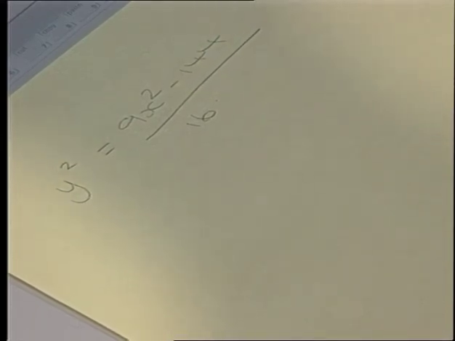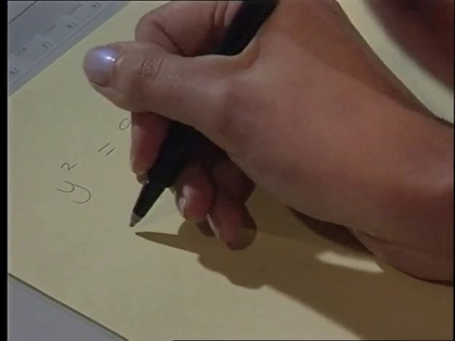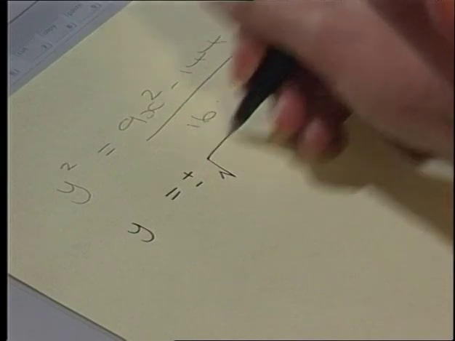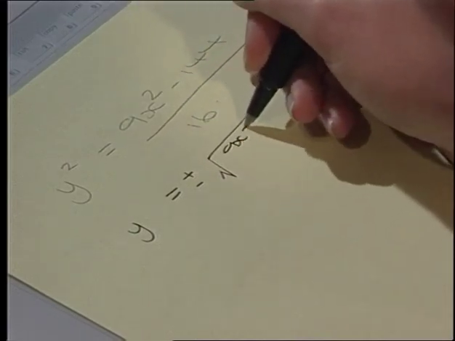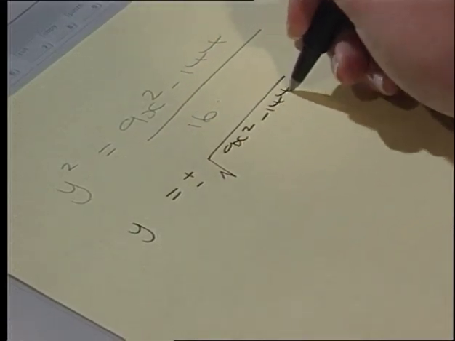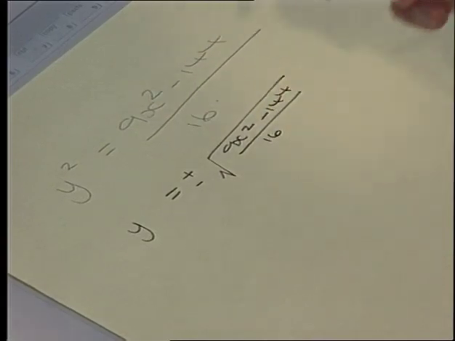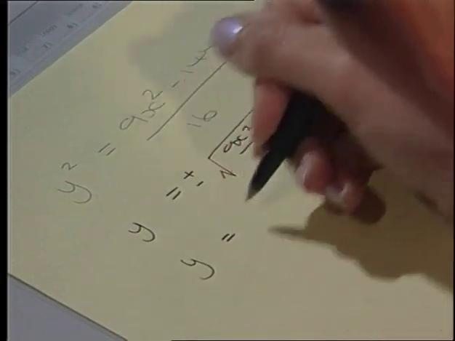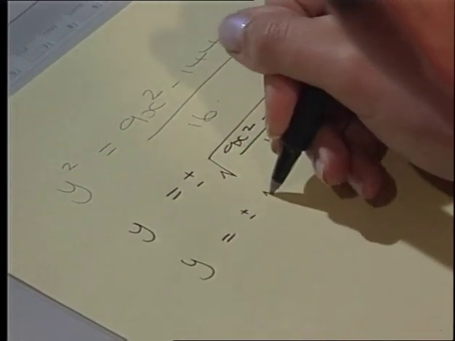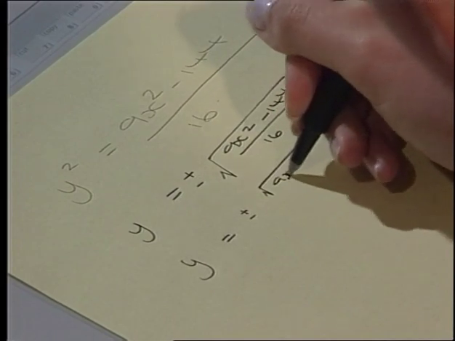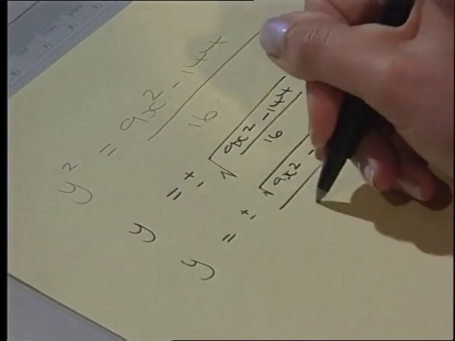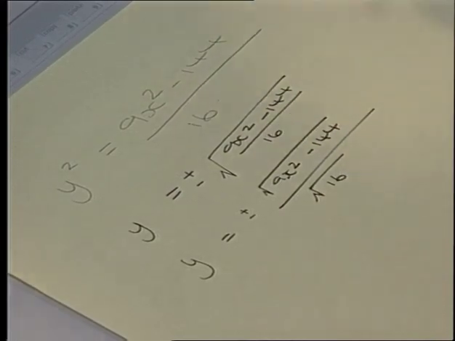Now, if I take the square root of both sides, that gives me y is equal to plus or minus the square root of 9x squared minus 144 all over 16. Now, using Alan's second rule, that gives me y is equal to plus or minus the square root of 9x squared minus 144 all over the square root of 16.